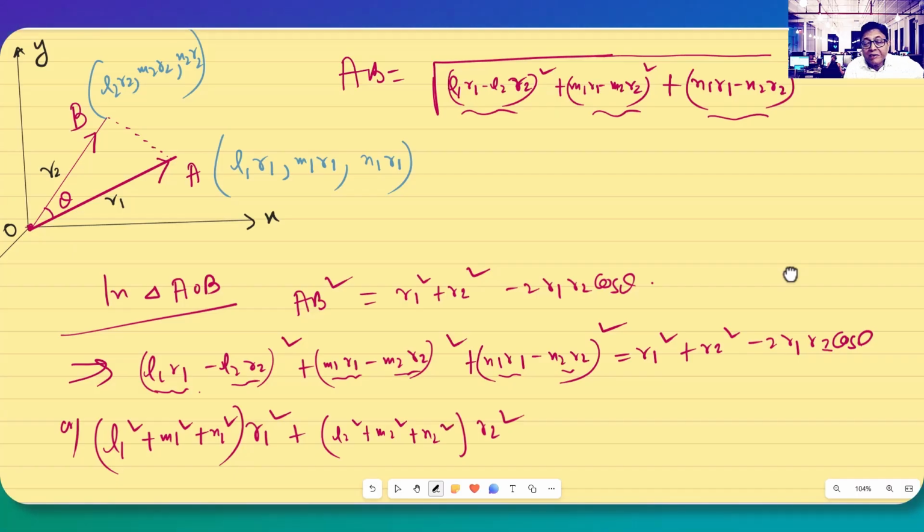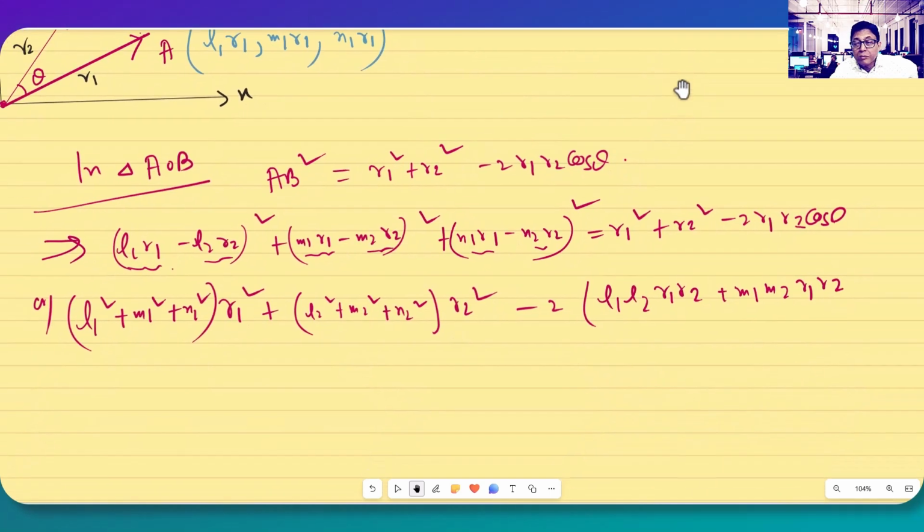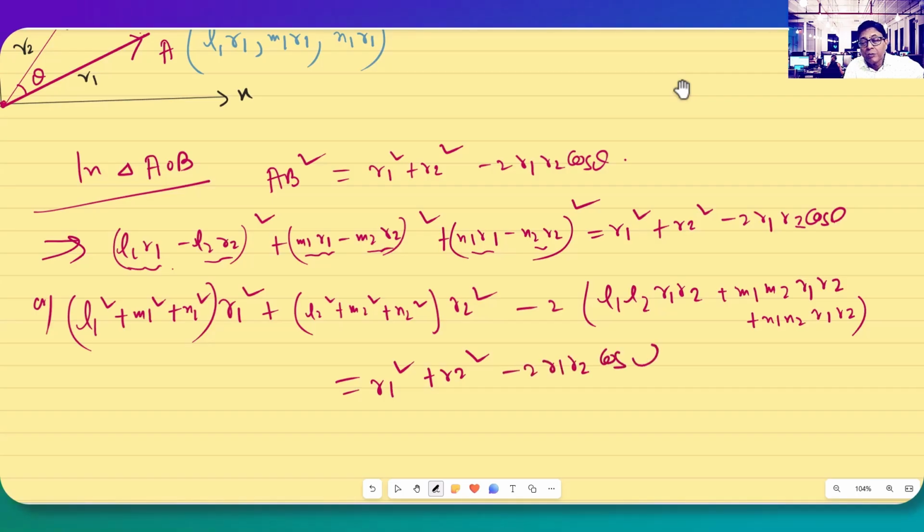And twice this thing is coming, minus twice L1 L2 R1 R2, plus M1 M2 R1 R2, plus N1 N2 R1 R2.